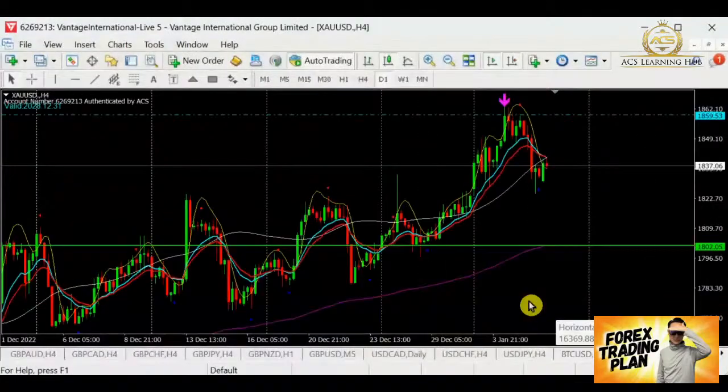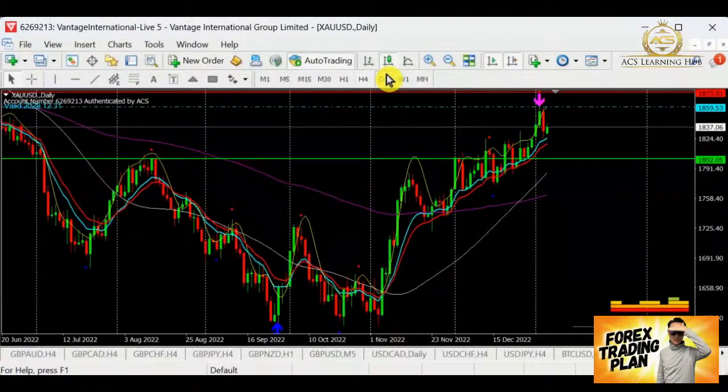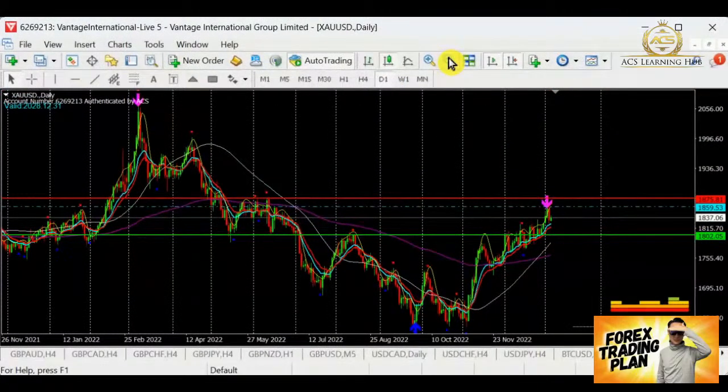Right, for the gold, let's take a look. Generally, we are still looking for a pull. From the buying, we have bought from 1634 all the way until now, and we're still on the buy side. Yes, for the gold, it's still on the buy side. We are still looking for 1875. Yesterday, our target 1859 has already been met.